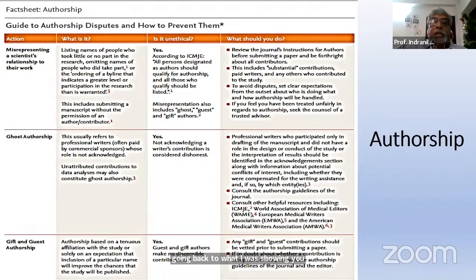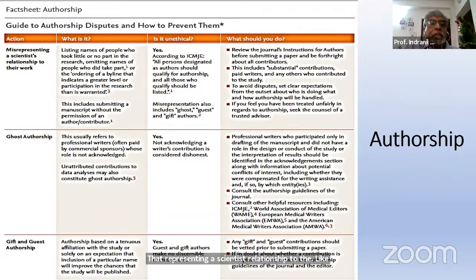And we are really going back to what I was showing you: misrepresenting a scientist's relationship to their work, like putting in names of people who are not directly, actively engaged in this research, and deleting names of people who have actually been in the thick of things. That is something which is very, very wrong and constitutes gross misconduct.